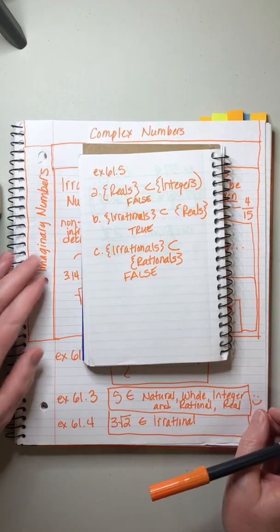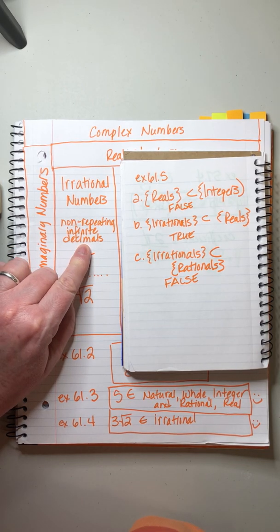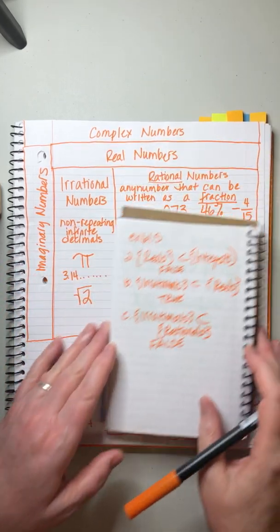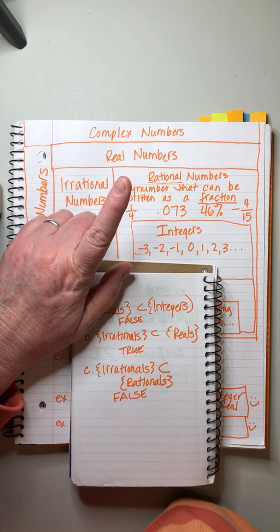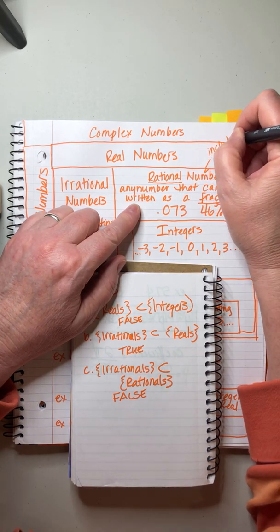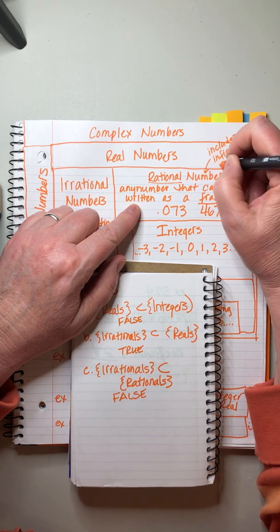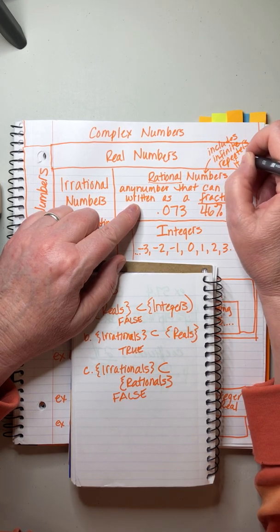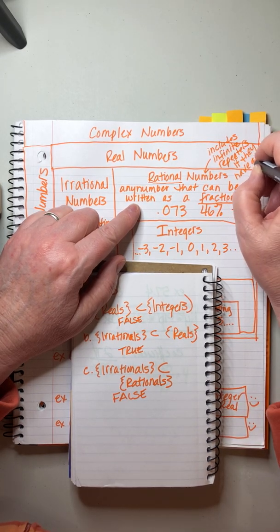That's the whole point. You can't express these as fractions because they go on forever and they don't repeat. Which brings up an interesting point. Does that mean that repeating decimals that go on forever are rational? Yes. So I'm just going to make a note of that. Includes infinite repeaters if they have a pattern.